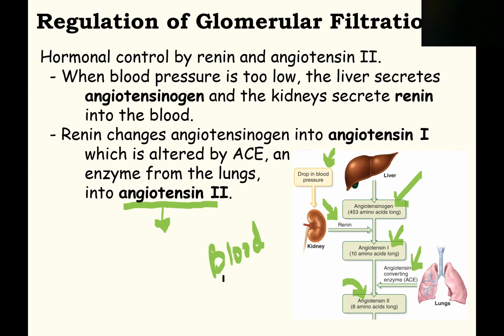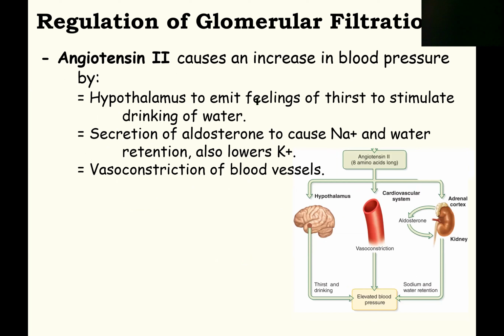There are 3 actions of angiotensin II. Angiotensin II can increase blood pressure. By 1, the hypothalamus emits feelings of thirst to stimulate that you drink water to increase total blood volume.